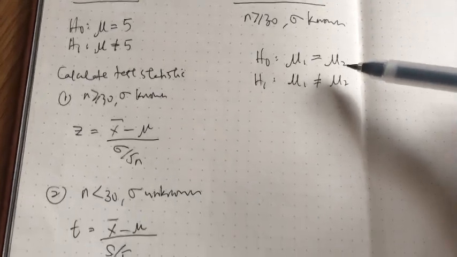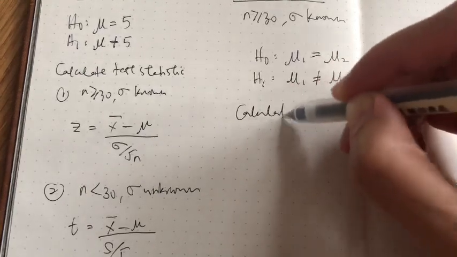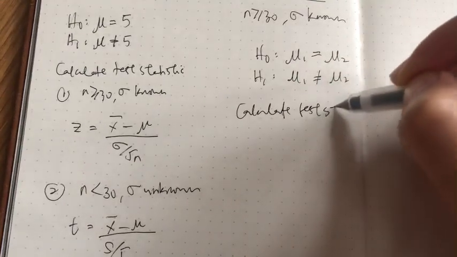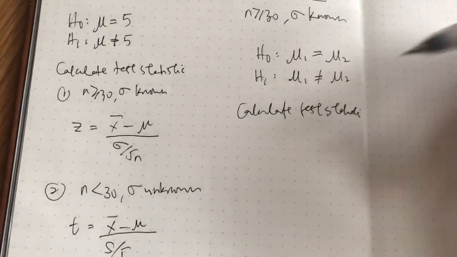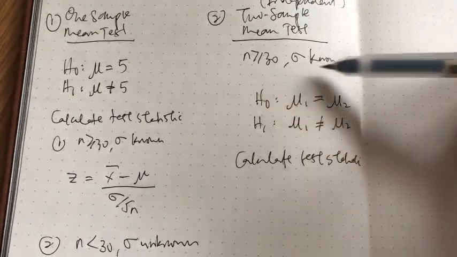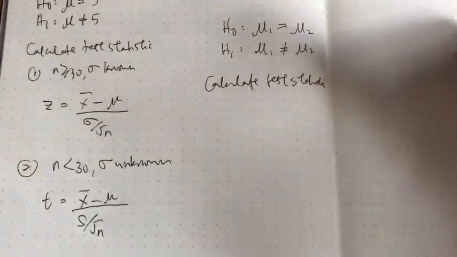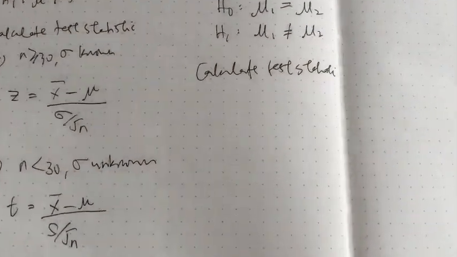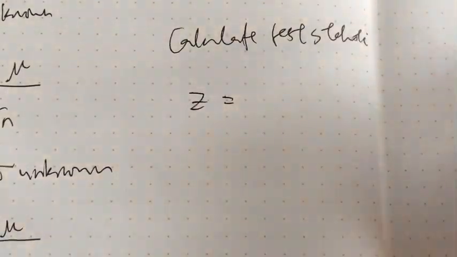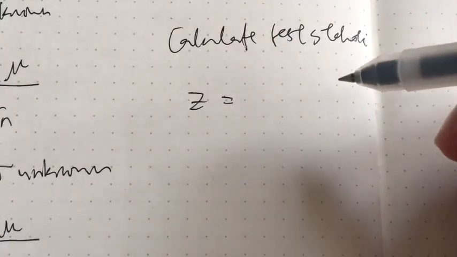The second thing that's important is how to calculate the test statistic. In this case, because we have a large sample size and the population standard deviation is known, we will use the Z distribution. Remember, because we've got two samples, that means we have two sample means.